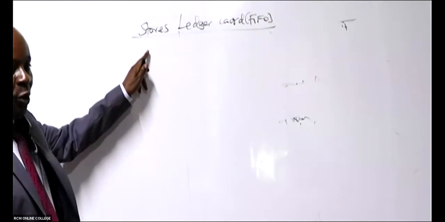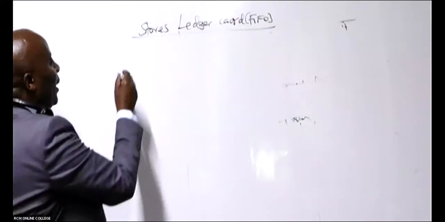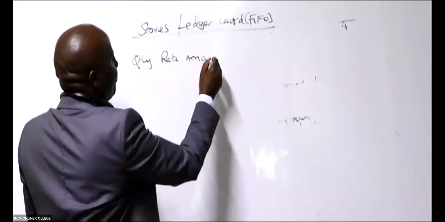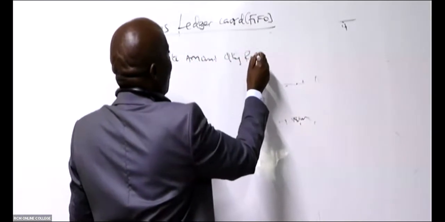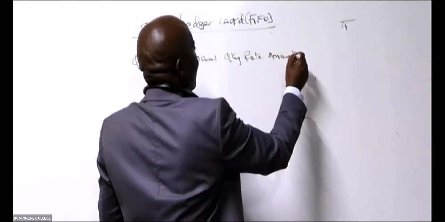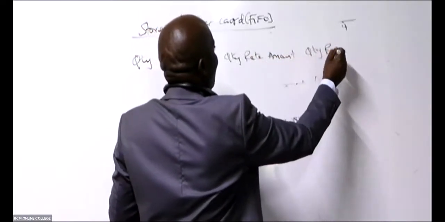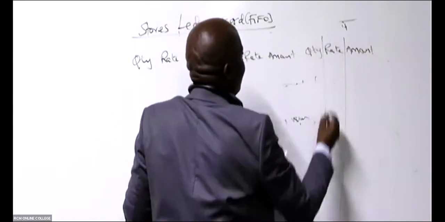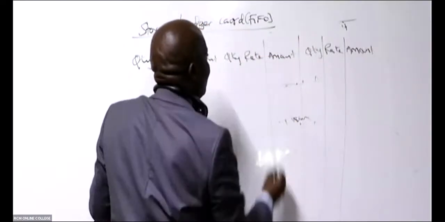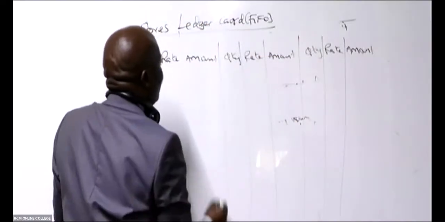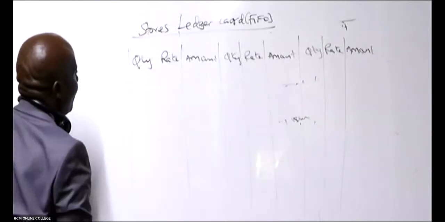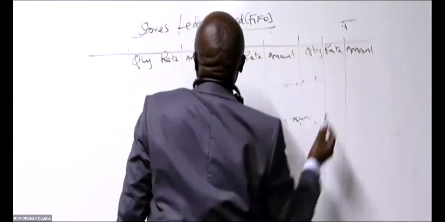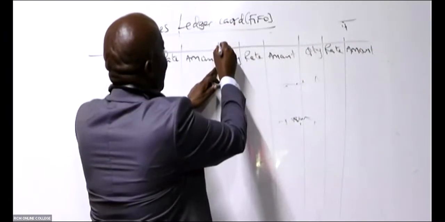You skip a line, always. Once you skip a line, you write here quantity, rate, amount. At the end of the amount, you shall always have double lines.